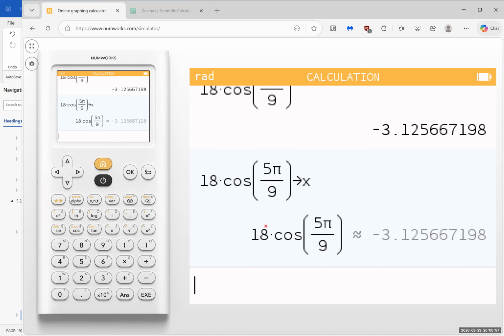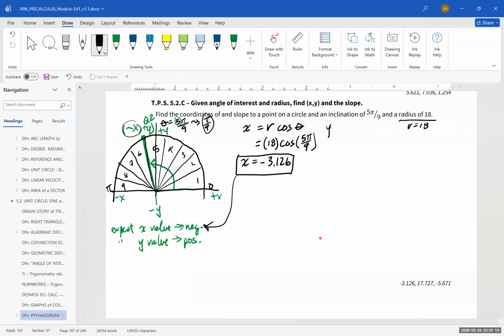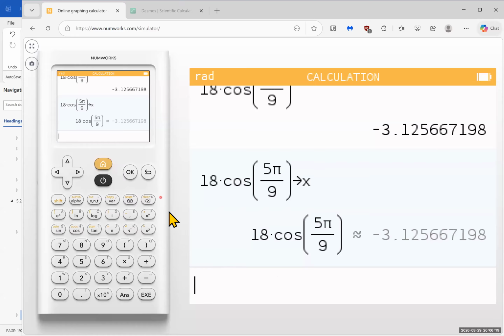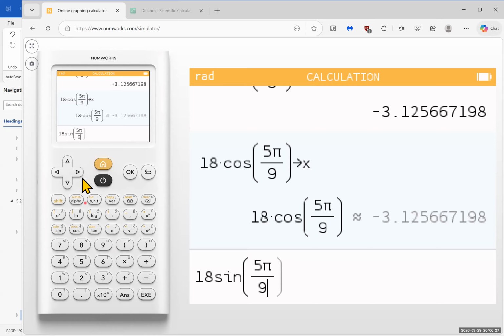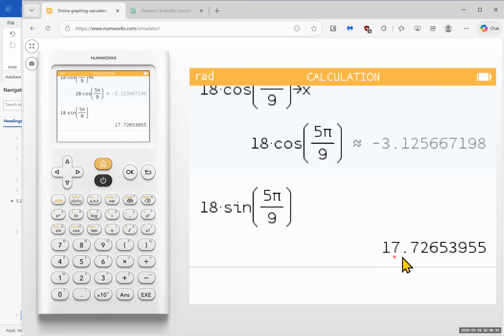Okay. Now let's come back. So now we've got y equals r sine theta, which is 18 times the sine of 5 pi over 9. Now we expect this one to be positive, but let's just check. So here we're going to have 18 sine of 5 pi divided by 9, and we get 17.727.